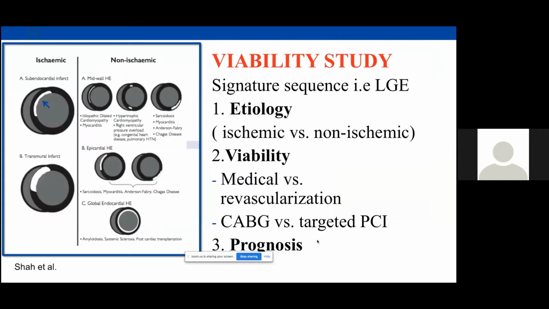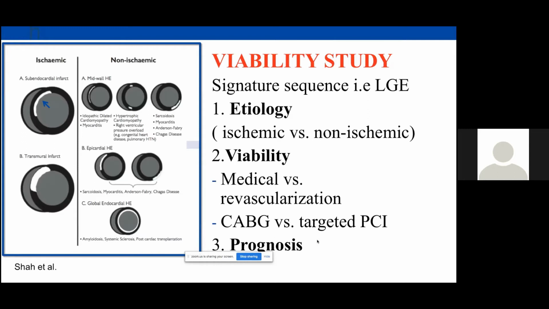Right, so we move on to the second protocol, which is the viability protocol. This viability protocol actually forms part of the CMR perfusion protocol as well. The signature sequence is called late gadolinium enhancement.